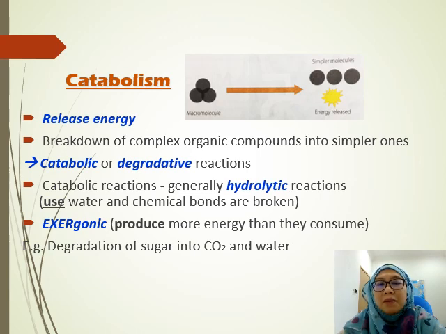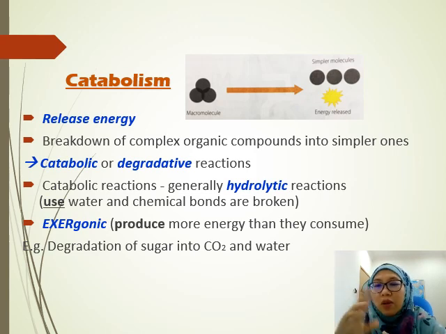For example, the degradation of sugar into carbon dioxide and water. The most important example is glycolysis, a process of glucose catabolism, breaking down glucose into pyruvate. When the cells break down glucose, they must first invest some energy.